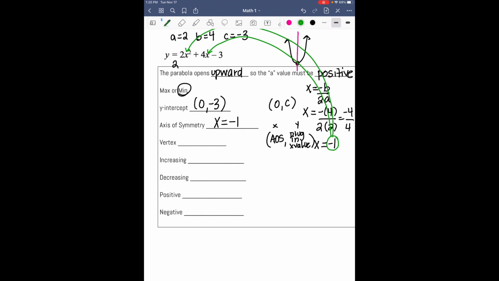This is going to be 2 times (-1), make sure you put in parentheses, squared, plus 4 times (-1) minus 3. That's going to give me the y value that I'm looking for in order to make my point. Right now, for my vertex, I know the x value is -1, because it is the same as the axis of symmetry.